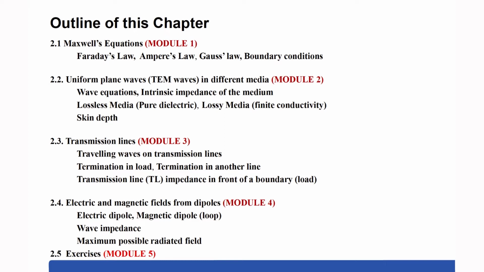So we will see that any of this can be modeled as combinations of small electric dipoles and small loops. We will find the expressions for radiation field, especially the maximum radiation field. And we will also consider wave impedance, especially how wave impedance is different between electric and magnetic field when you are close to the source.